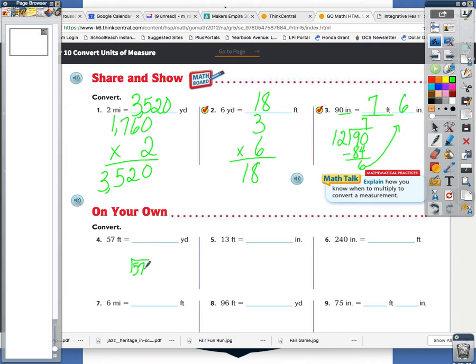That's what we're actually dividing. We're going to divide by the number of feet in a yard, and that's 3. And again, you can refer to the chart on the previous page if you need to know how many feet are in a yard. So we will do this division, or you can use your calculator, and we would get a total of 19 yards.